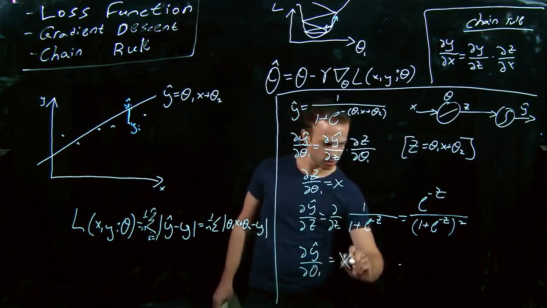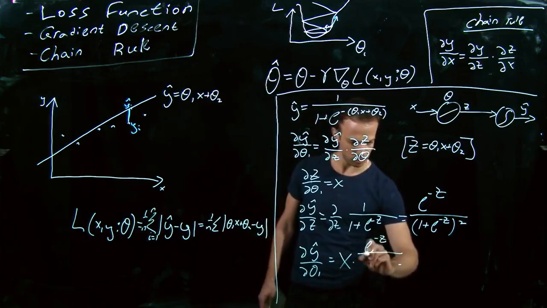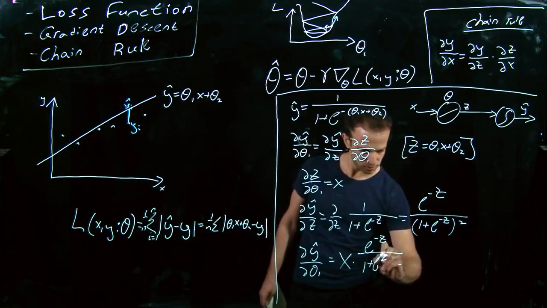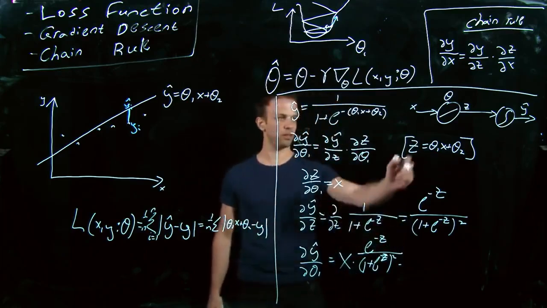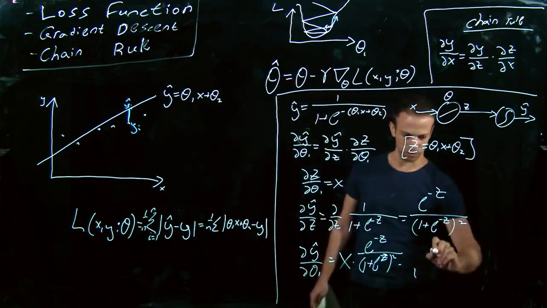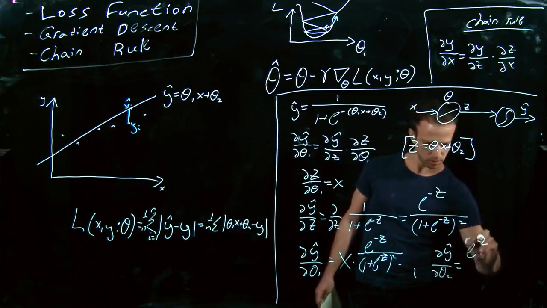It is just x times the sigmoid derivative squared. Okay, now I can plug z back in to get my derivative. And if I want to do the same for theta 2, then it's simply this thing.